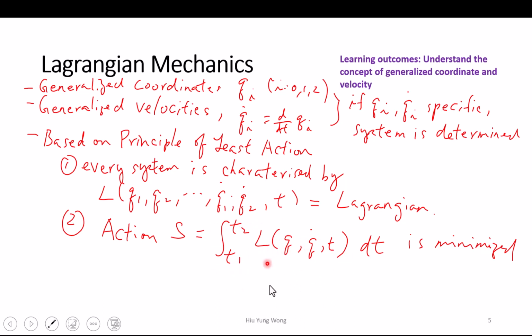Maybe 2q gives you the minimum value. Then 2q is the correct Lagrangian of your system. So the principle of action is that this is what we call a functional, right? This whole thing is a functional. This function is correct when this one is minimum.